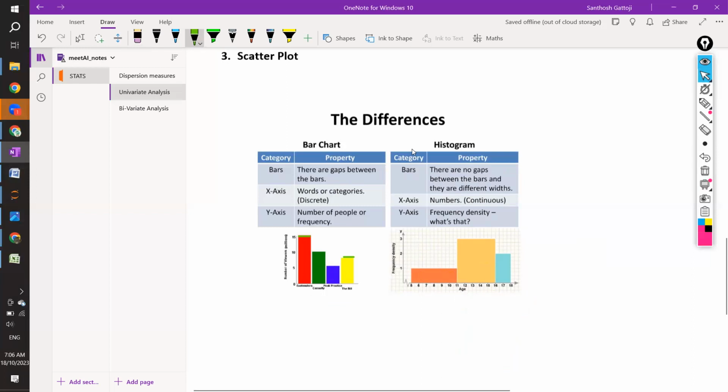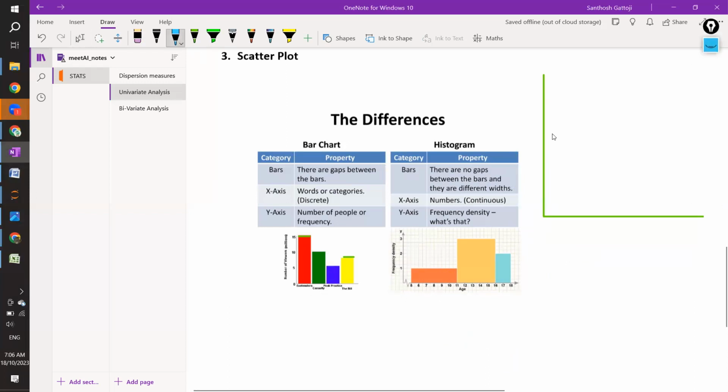Just to tell you one point over here. In the histogram, if you take the range of 1 to 10, 1 2 3 4 5 6 7 8 9 10, this is the complete range.